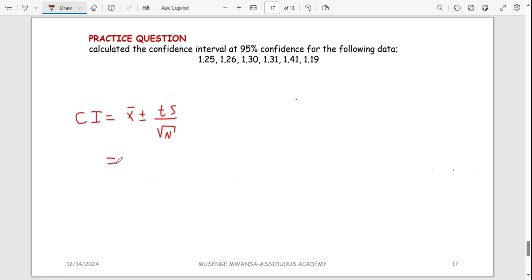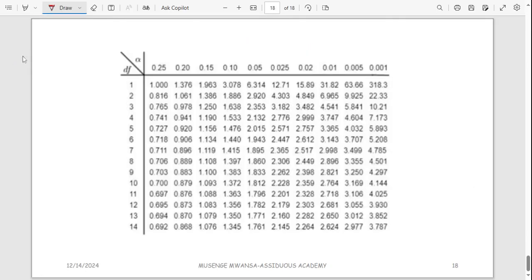So the mean that we have calculated is 1.287 plus or minus. So we need to find t, the statistical factor. We need to go on our t-test table. Remember, we're talking about 95% confidence. How many values do we have? 1, 2, 3, 4, 5, 6. 6 values at 95% confidence. But from those 6 values, get the degrees of freedom. Degrees of freedom is given by n minus 1.